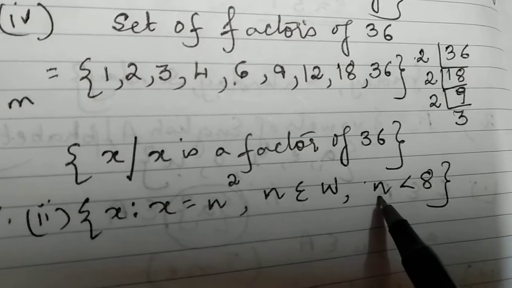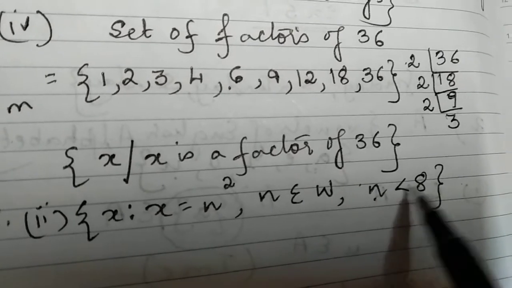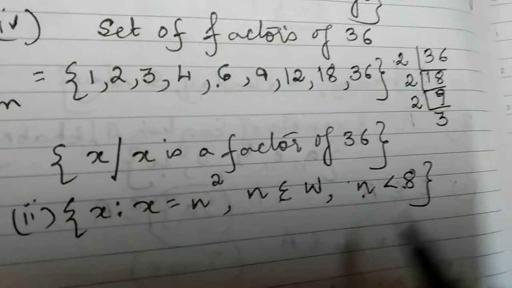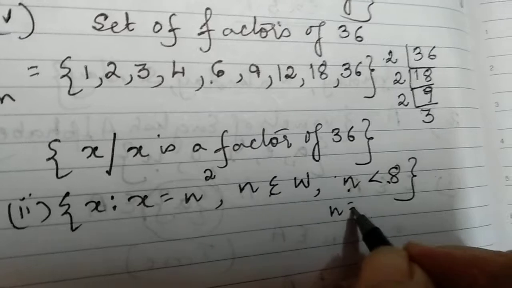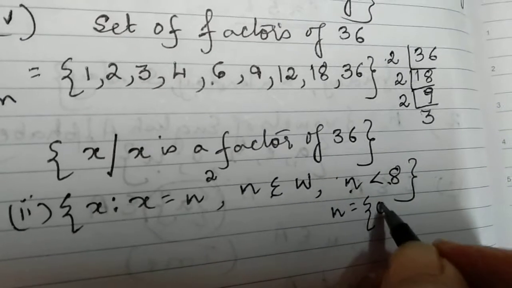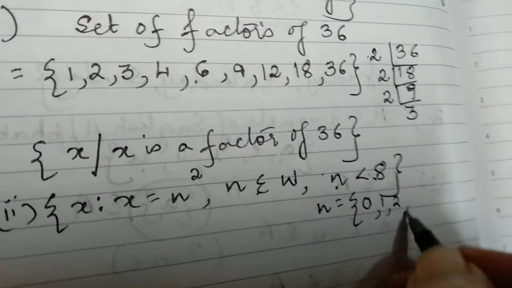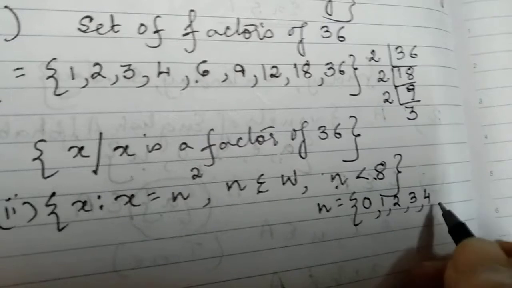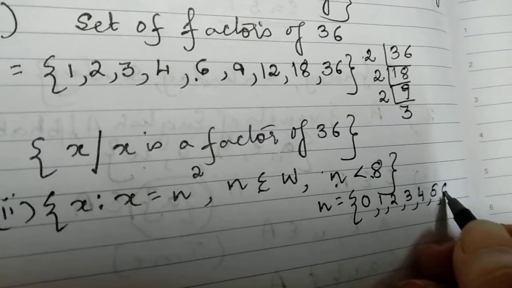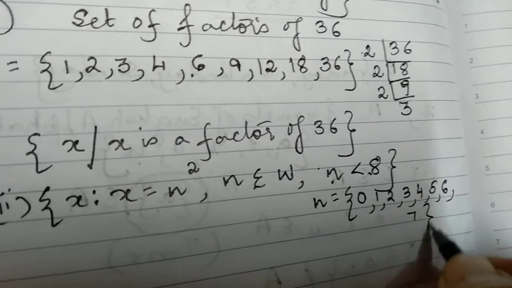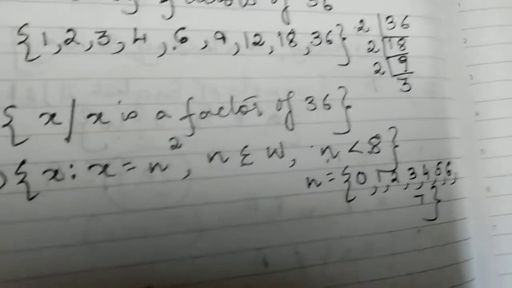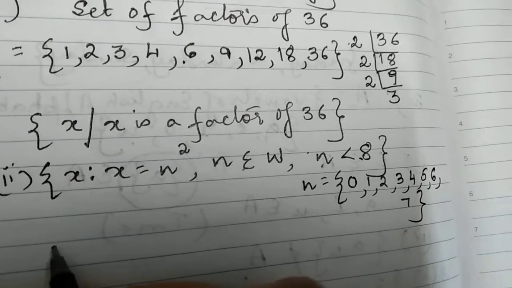I will move on to n, where n is less than 8, but n belongs to whole numbers. So what is the set of n? N is 0, 1, 2, 3, 4, 5, 6, 7. I will not include 8 because it is less than 8.